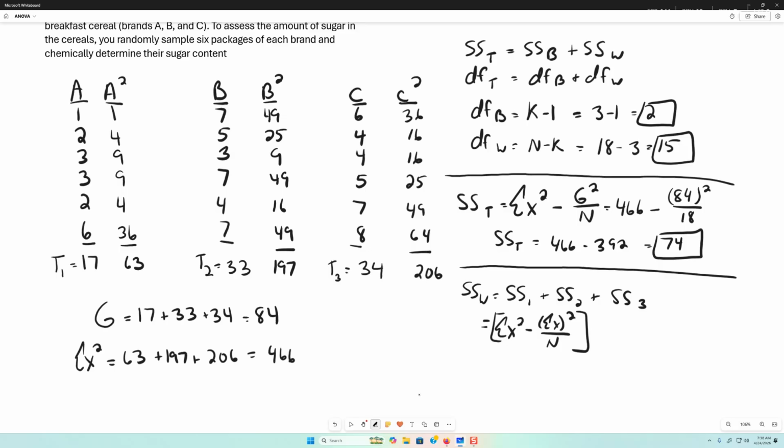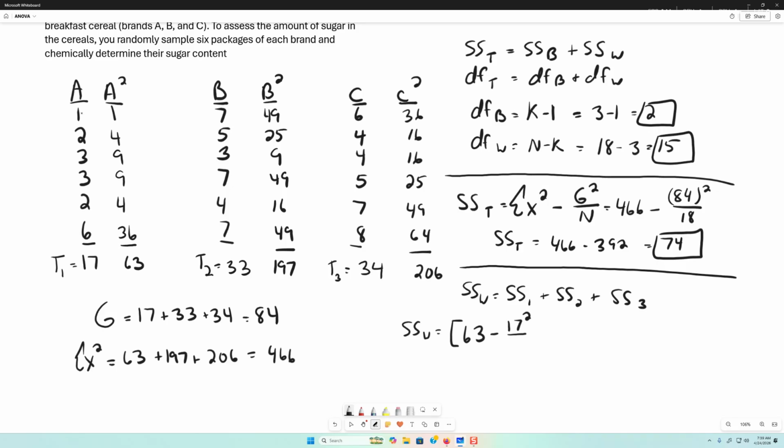So if I just tweak this a little bit to fit for group 1, it's going to look slightly different. So what I'm going to have here is sum of squares within is equal to the sum of the squared values for A, which is 63, minus the total for A here, which is 17. 17 squared over the number of people, or number of boxes here, actually.